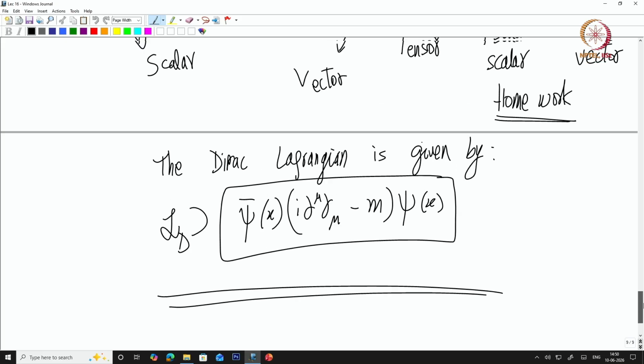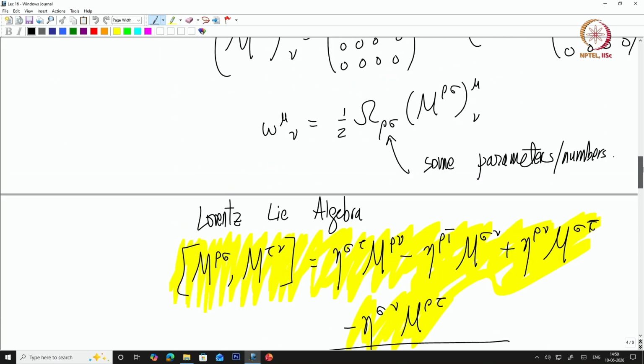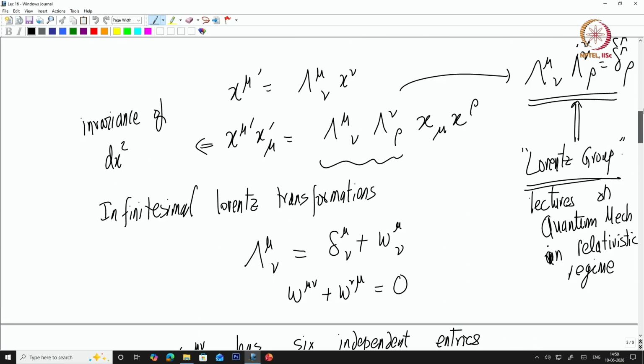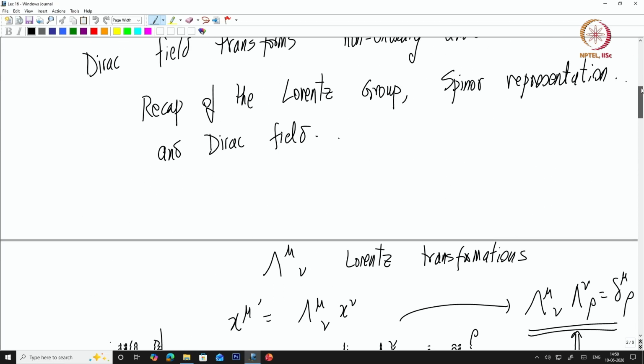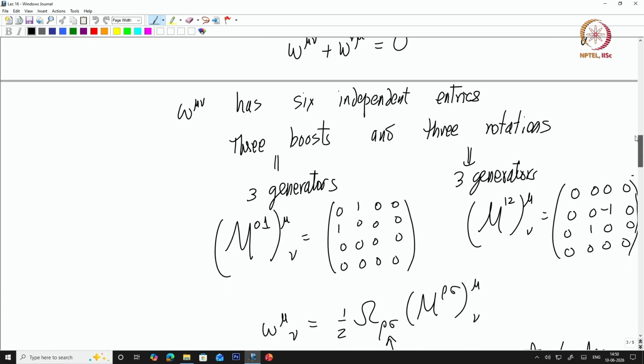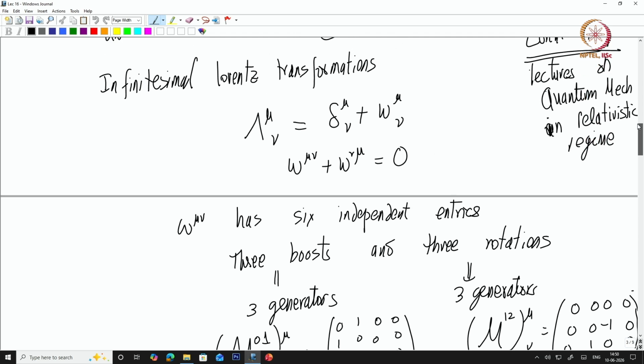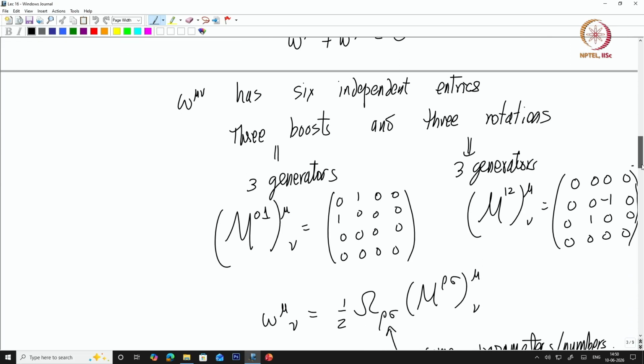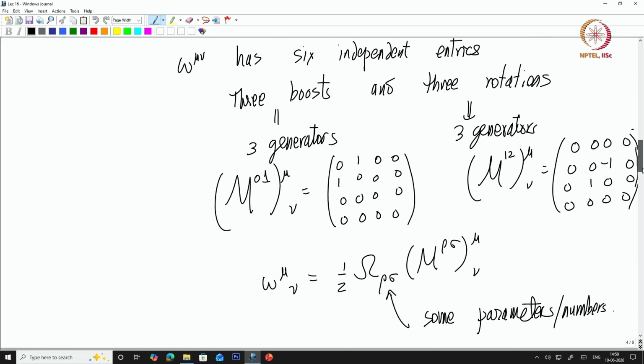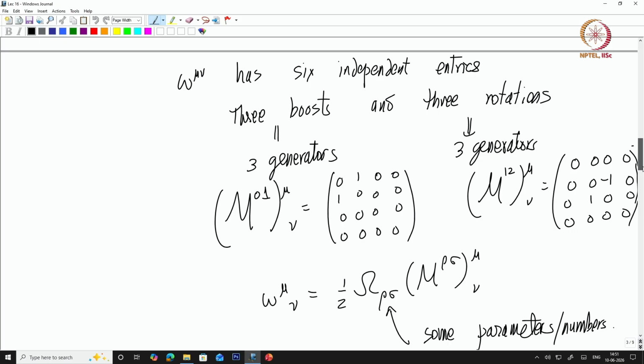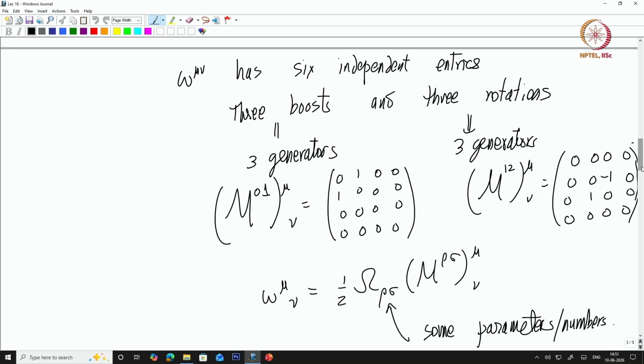So, we introduced the Lorentz group, and the Lorentz group is made up of actually six generators. 3 of them are boosts and 3 of them are rotations.